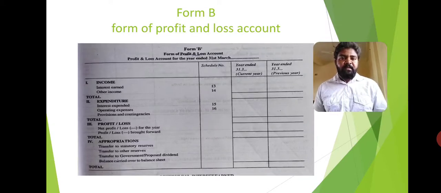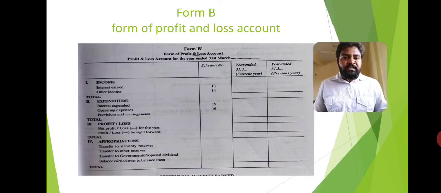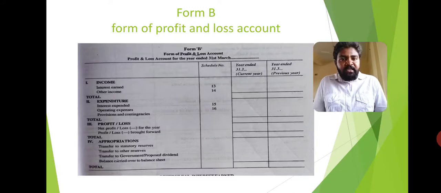Next we come to the fourth heading, appropriations. Under appropriations: transfer to statutory reserves, transfer to other reserves, and transfer to government or proposed dividend. In the current year's profit, how much do we need to transfer to the statutory reserves?